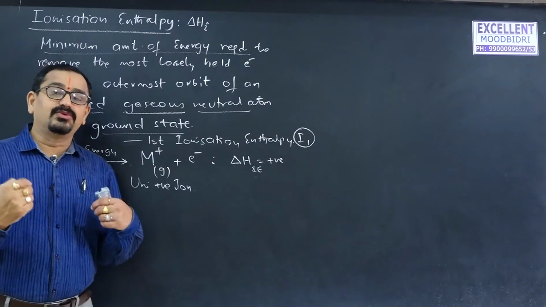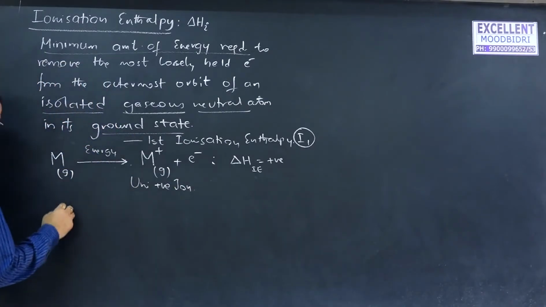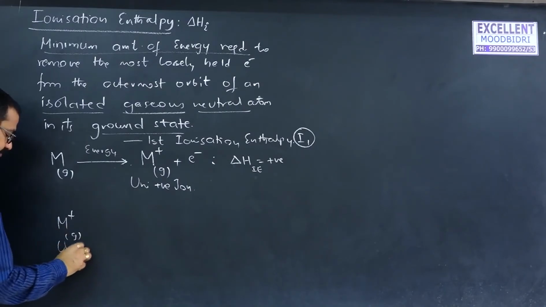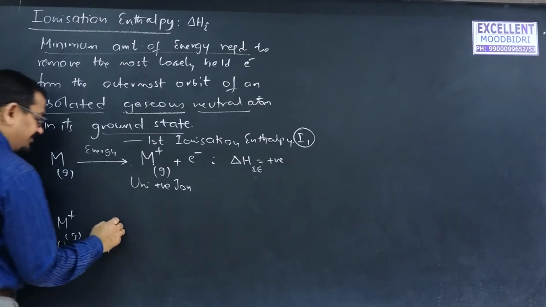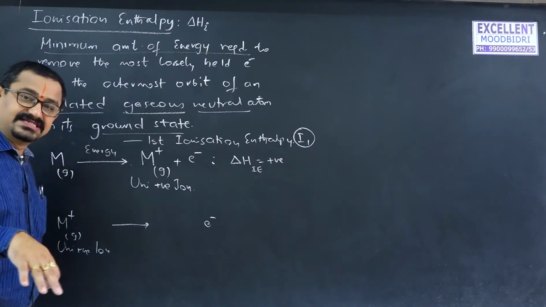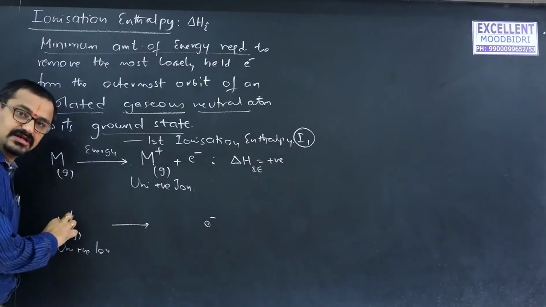So we have formed a unipositive ion. Now I want to remove one more electron from this, from a unipositive ion, M plus gas. Even in this case, energy is required because electrons are still held to the nucleus.